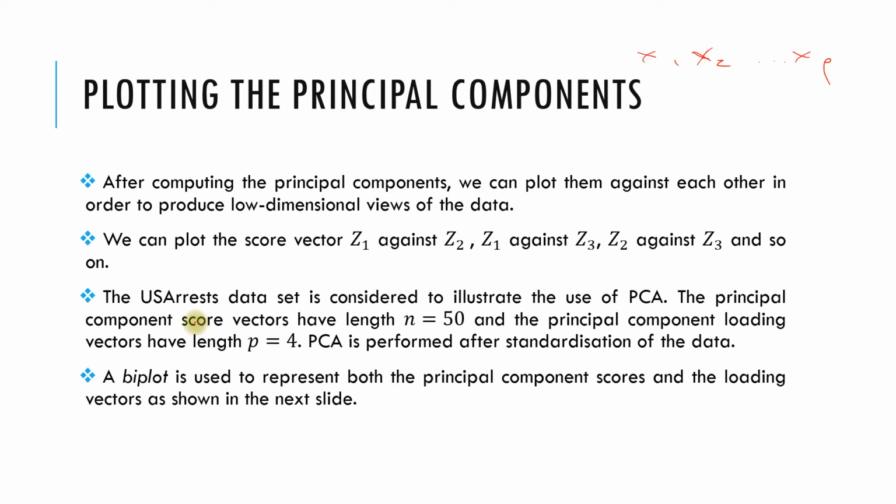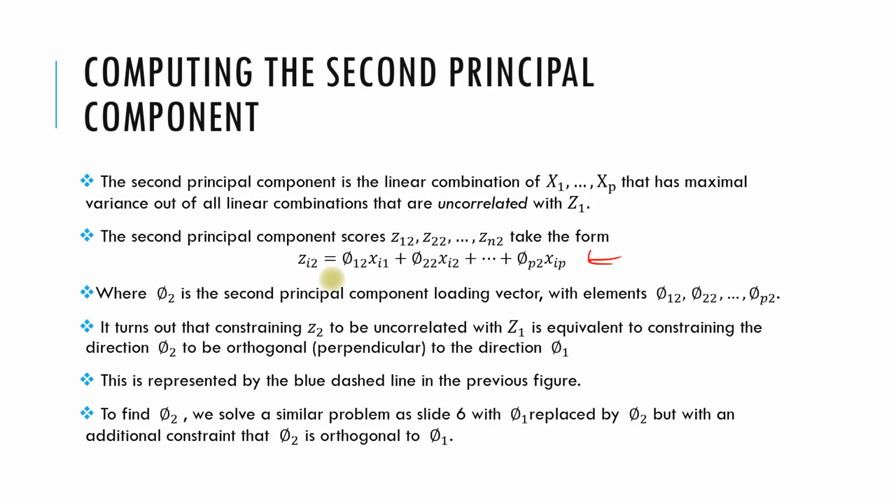So standardization is a very important principle. What we are going to do is produce a biplot. A biplot is like a scatter diagram, but it will represent the principal component scores. Remember, the scores are the values that you get by applying this transformation.